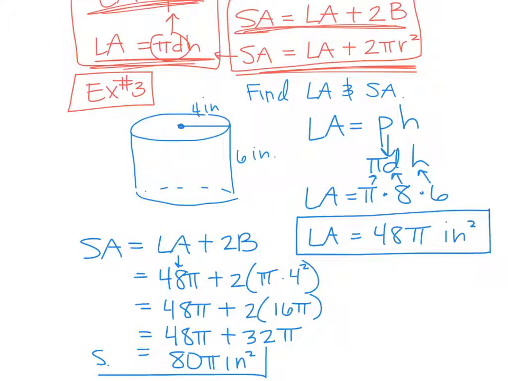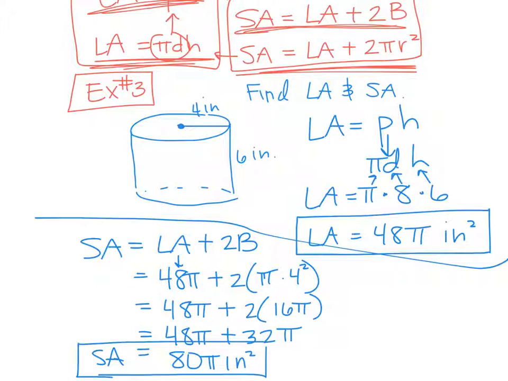So that would be your surface area. We're going to do one more just like that, and then we're done. Just make sure in the homework you pay attention. Are they asking you for lateral area or are they asking you for surface area? If they ask for lateral area, you're done right here. If they ask for surface area, keep going.